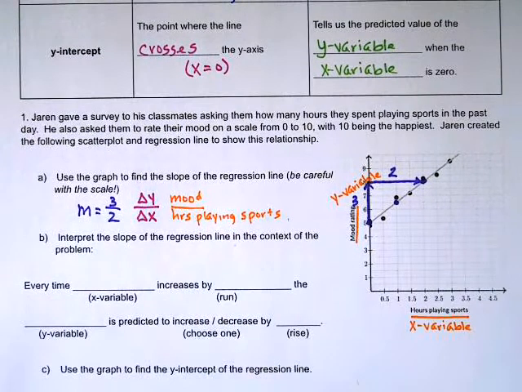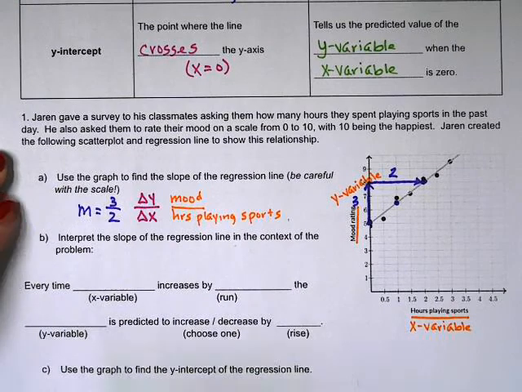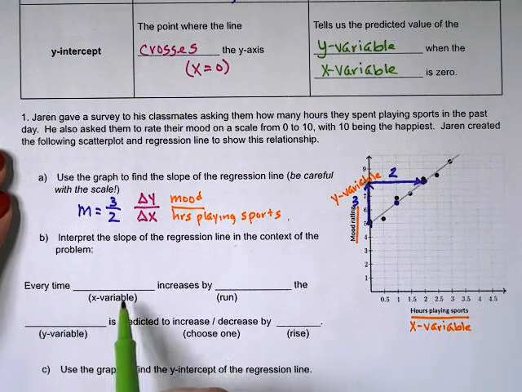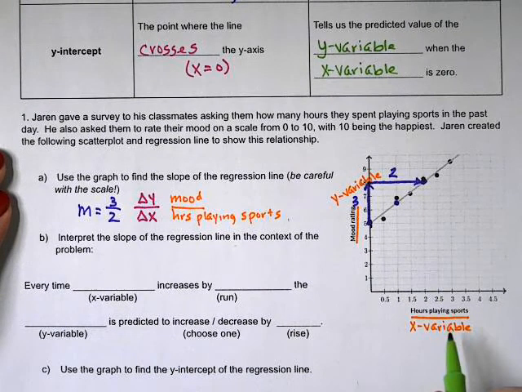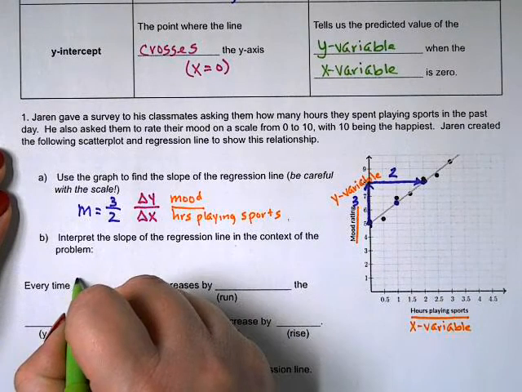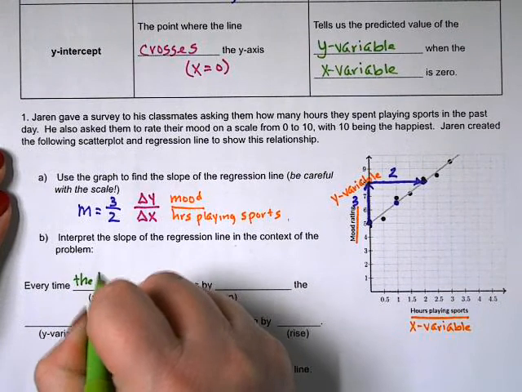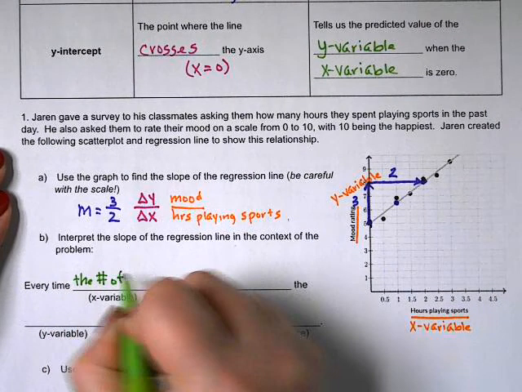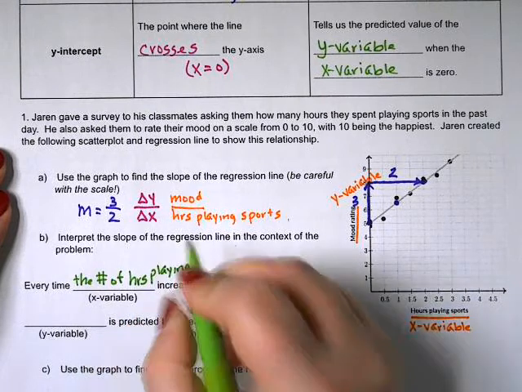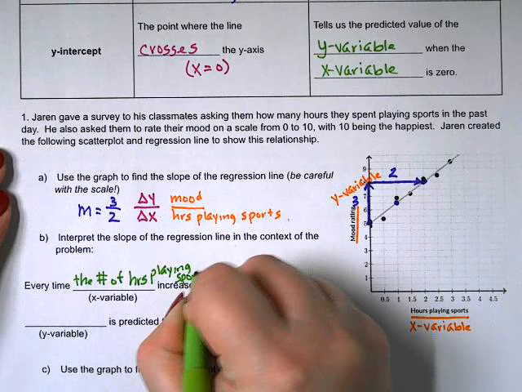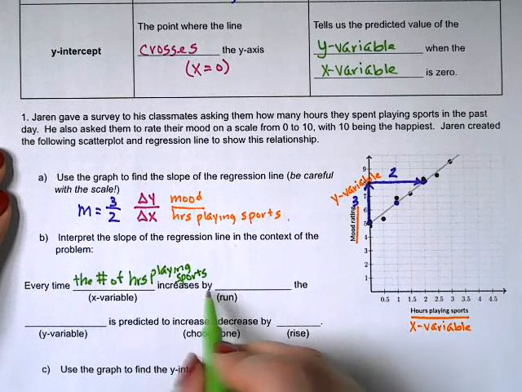So let's see what we have to actually fill in here. So for this first question, we've got kind of this fill in the blank for you guys to help you through how to write these sentences. So every time the x variable increases, well, we said the x variable is the hours playing sports. So every time the number of hours playing sports increases by the run.